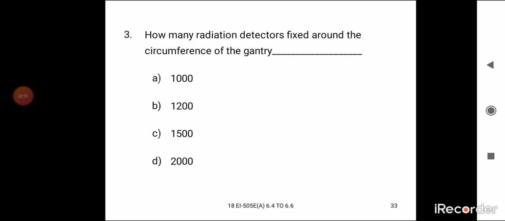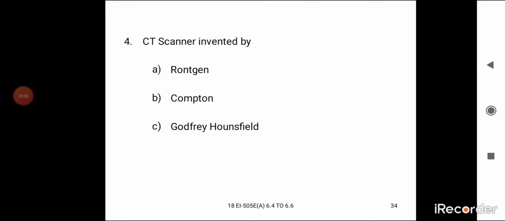The answer is A, 1000. The CT scanner was invented by A. Rontgen, B. Compton, C. Godfrey Hounsfield. The answer is C, Godfrey Hounsfield, who invented computerized axial tomography, or simply the CT scanner.